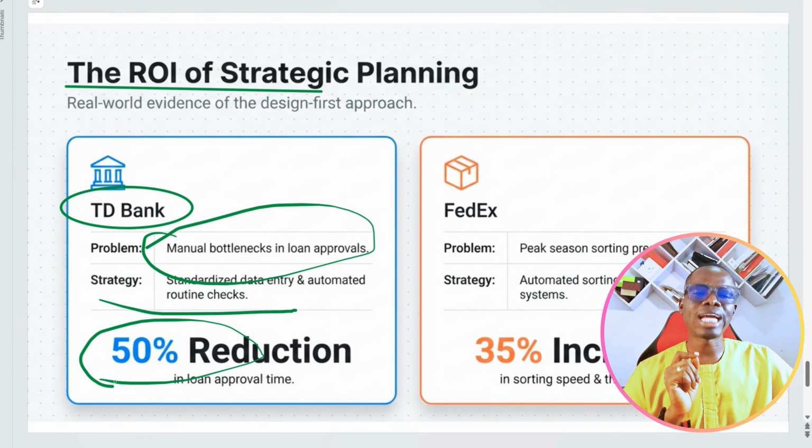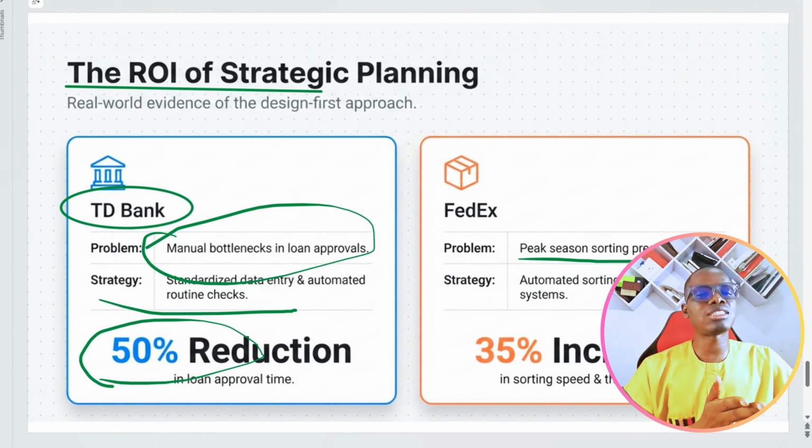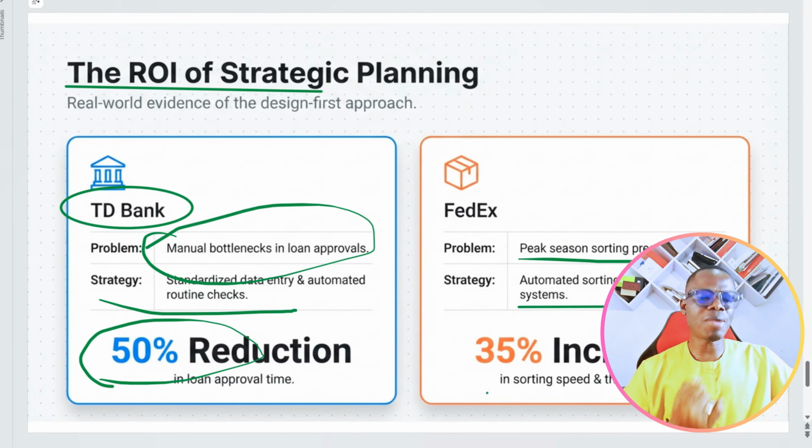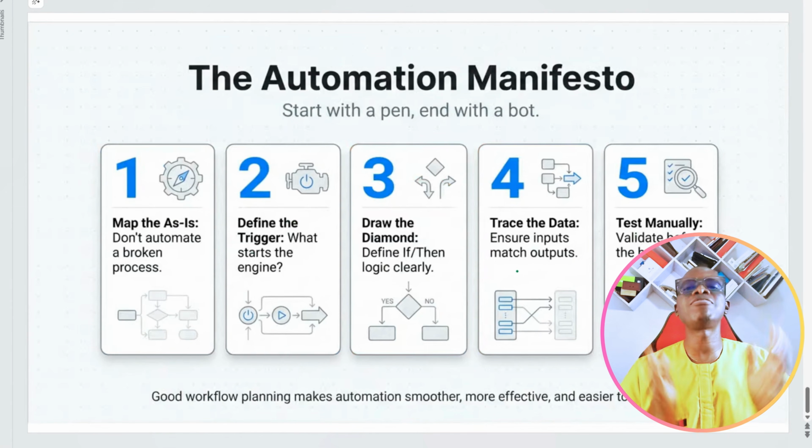This company will be like, yes, we made the right investment by trying to automate. Or maybe another company with peak season sorting pressure: you automate the sorting and routing system, and boom, there is a 35% increase in sorting speed and throughput. This is what you're aiming for at the end of the day.